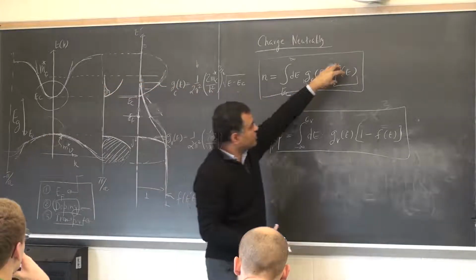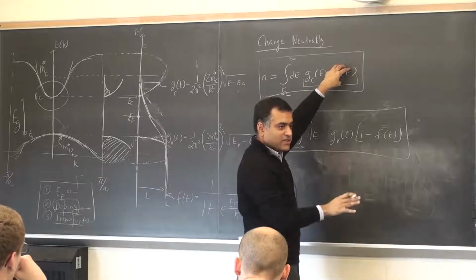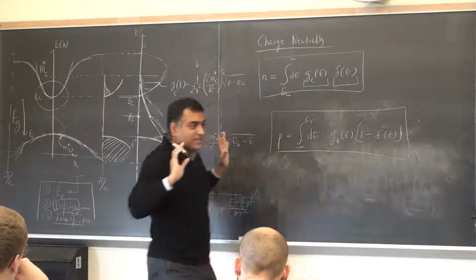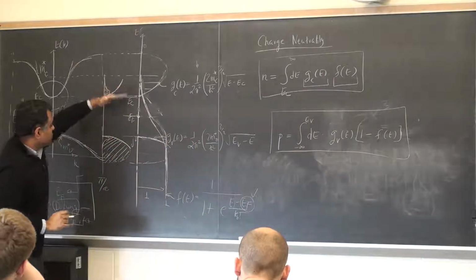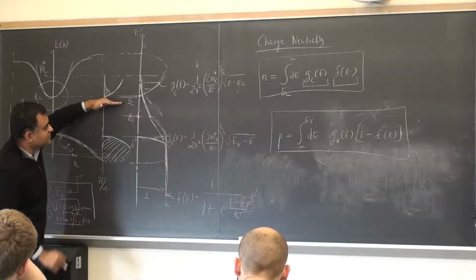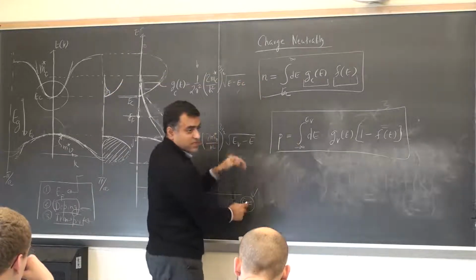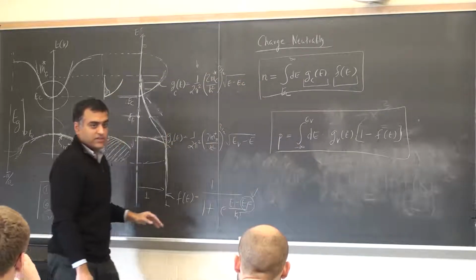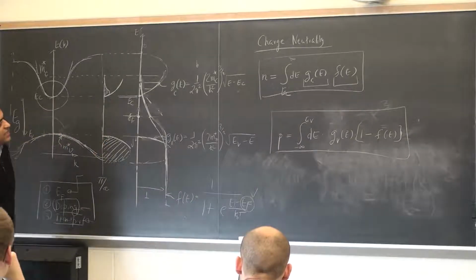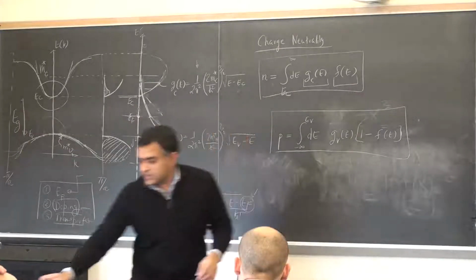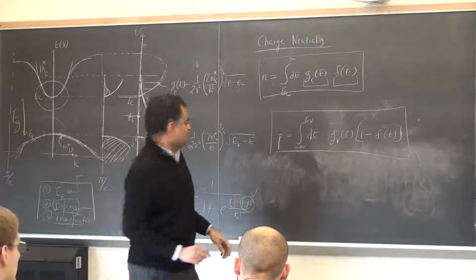The meaning of the occupation function changes when you shine light on it. You have quasi-Fermi levels and all that. But these formulas remain exactly identical. So if I move the Fermi level up here, it will obviously increase n. It will decrease this. We'll see that right now. So this is a very general formula, and we can now evaluate it. Let's just do that quickly.